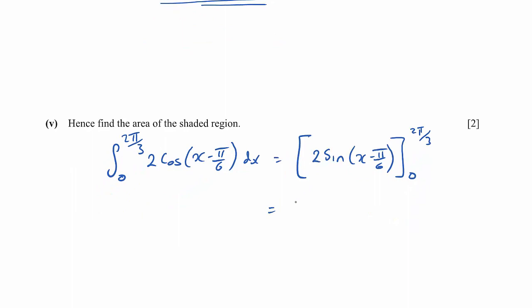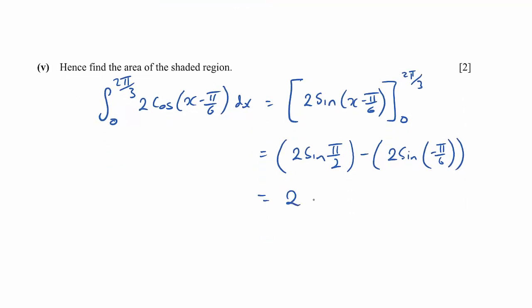So that's going to be 2 sin(2 pi by 3 take away pi by 6, which is pi by 2), take away 2 sin(0 take away pi by 6), which gives negative pi by 6. Sine of pi by 2 is 1, so that's going to be 2.